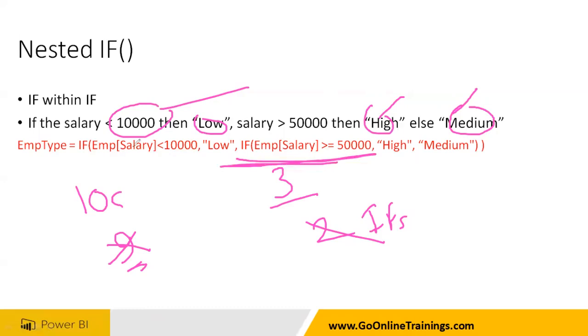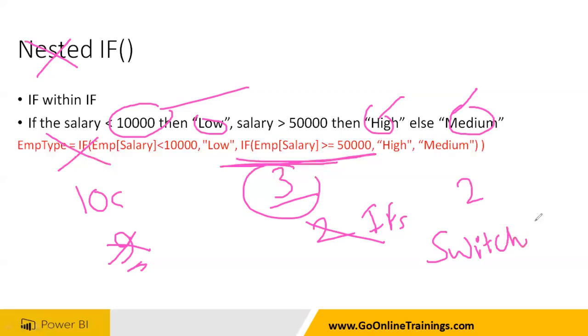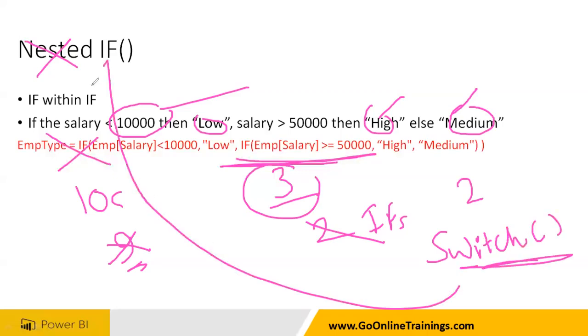So in this case, we don't use the nested ifs. 3 is fine. 2 means if and else, and 3 means nested ifs. If you keep on implementing 4, 5, 6, 7, it will become very, very complicated. You should not use nested if. That is when we are going to be using switch case. Switch case is a replacement for the nested ifs.